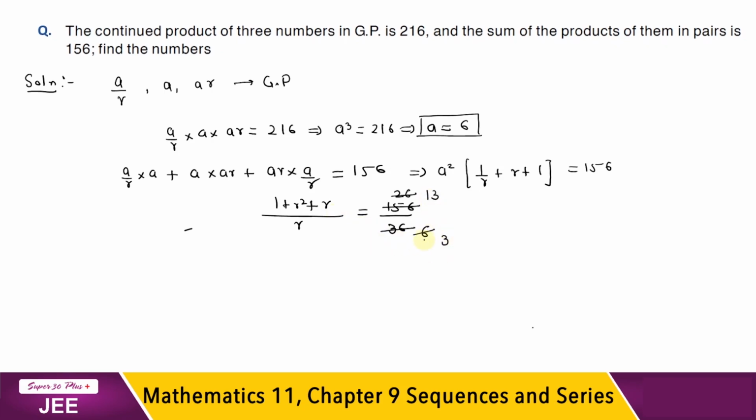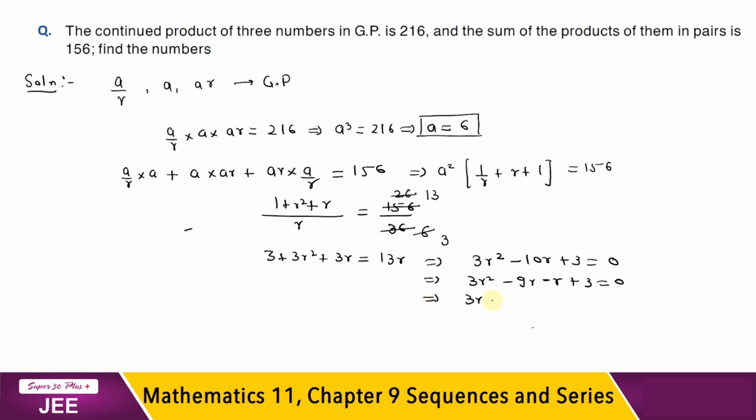So basically upon cross multiplication we are going to get 3 plus 3r square plus 3r equals 13r, which gives us a quadratic equation in r as 3r square minus 10r plus 3 equals 0, which can be factorized by splitting the middle term as 3r square minus 9r minus r plus 3 equals 0.